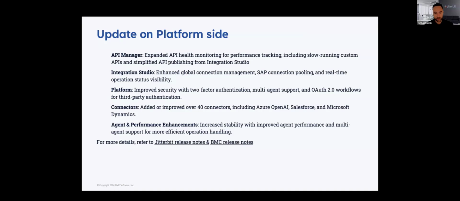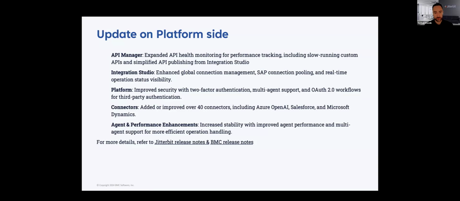The other piece that is now available or improved is the agent. Rajesh mentioned that there is a runtime component to this, and that could either be deployed in the cloud or on private infrastructure. Those agents are the same regardless of whether you use the cloud or the private agents, as far as the software behind them.